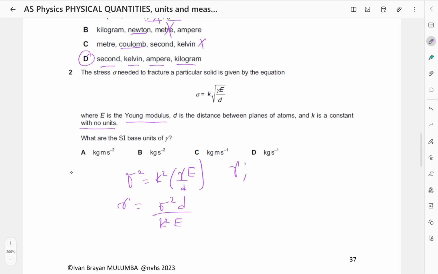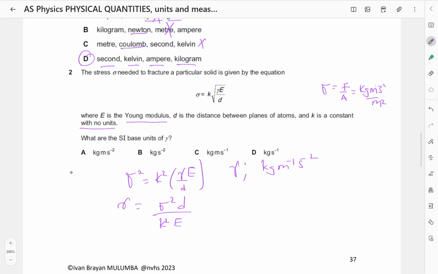So the units of gamma are going to be sigma. Sigma is stress. We know that stress is force over area. So this gives us kilogram meters per second squared divided by meters squared. So that is kilogram per meter per second squared.